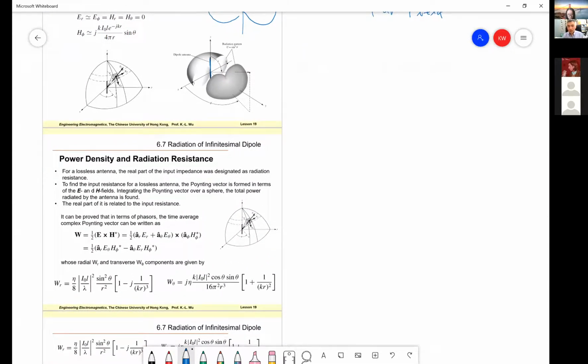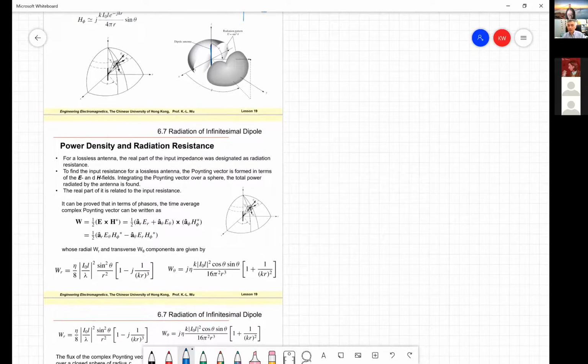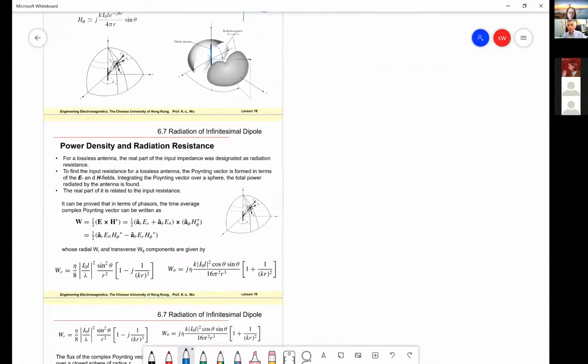Now let's look at the power density and the radiation resistance. What is the radiation resistance? Radiation resistance means the ability to radiate energy out.